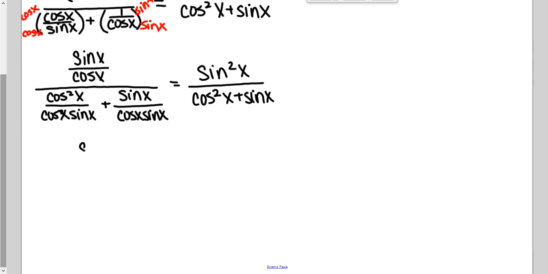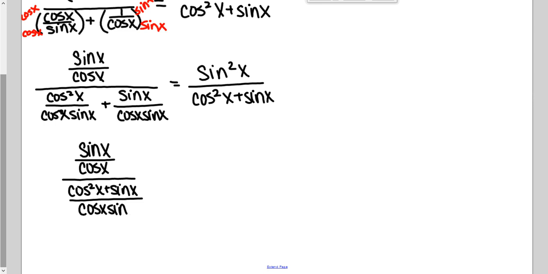Well, they now have like denominators, which means I can rewrite them as a single fraction, which is what I really want. I'm getting close.